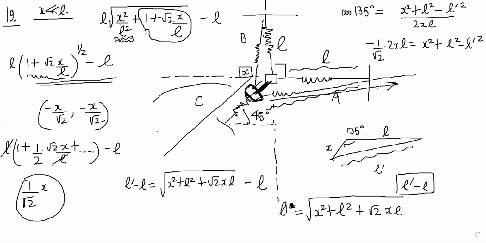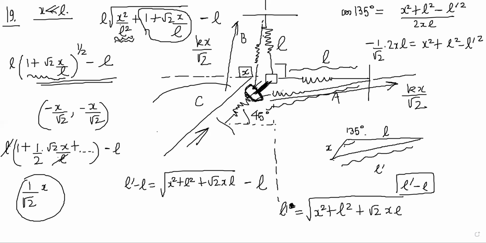Force is in this direction, and this force is also going to be in this direction. These are pulling forces, right? So I need to get the resultant of these two and the resultant from this one, which is pushing. So the force here will be kx by root 2, and this will be kx by root 2.